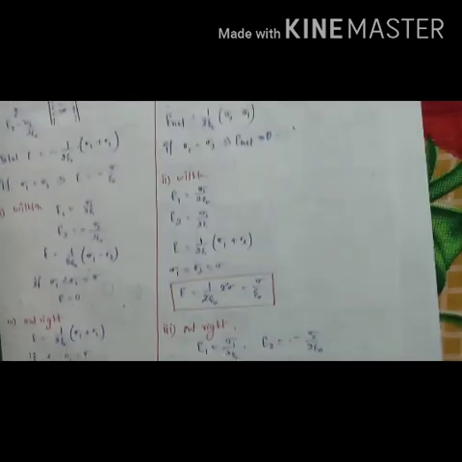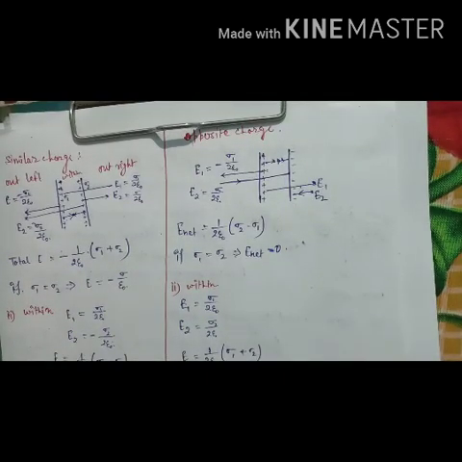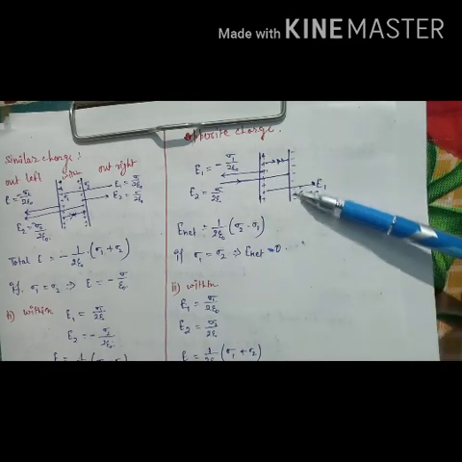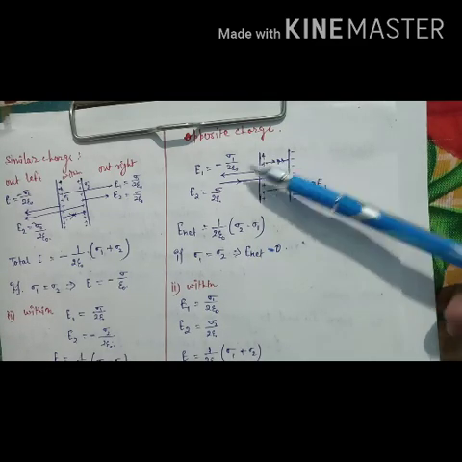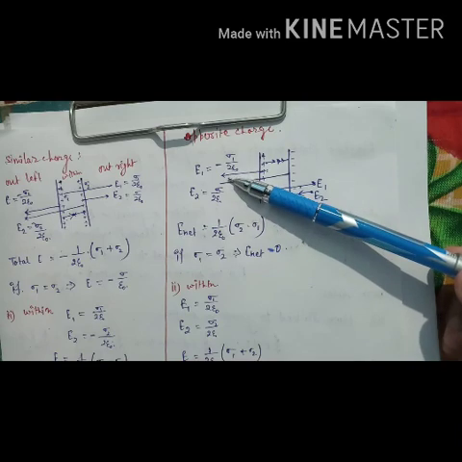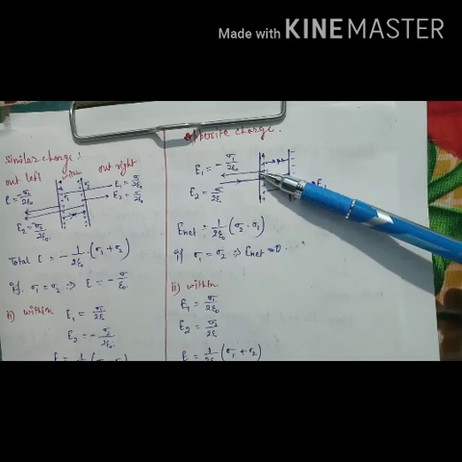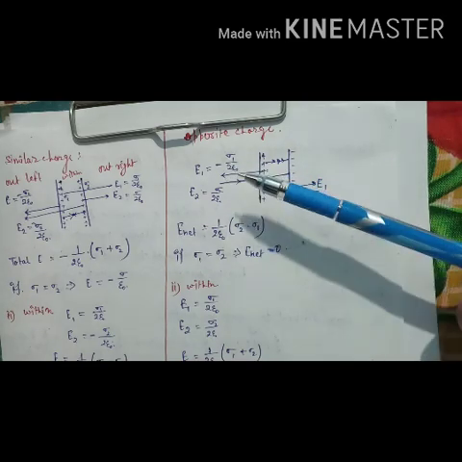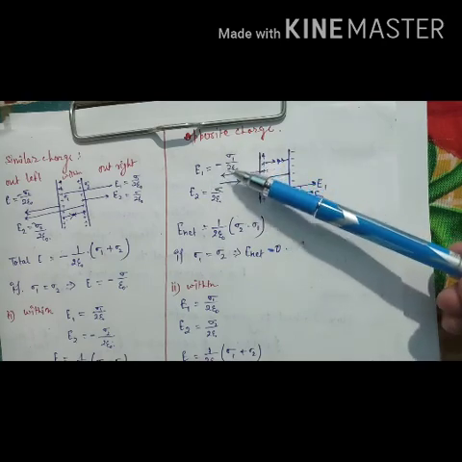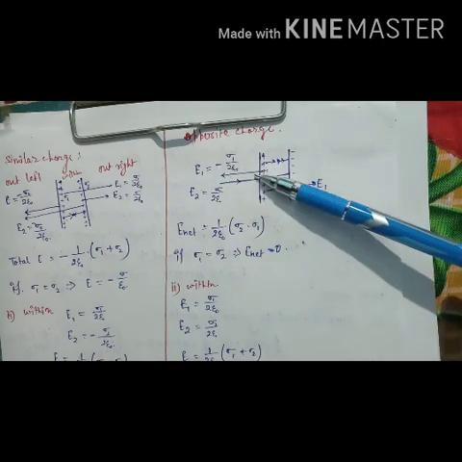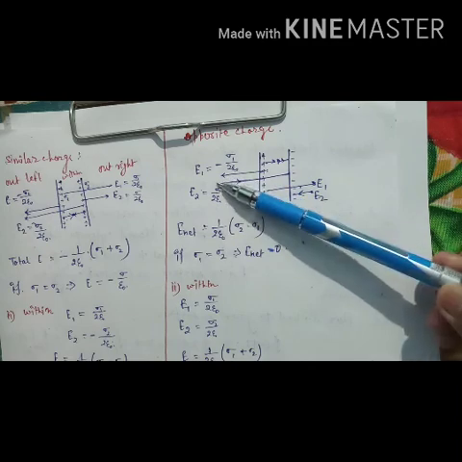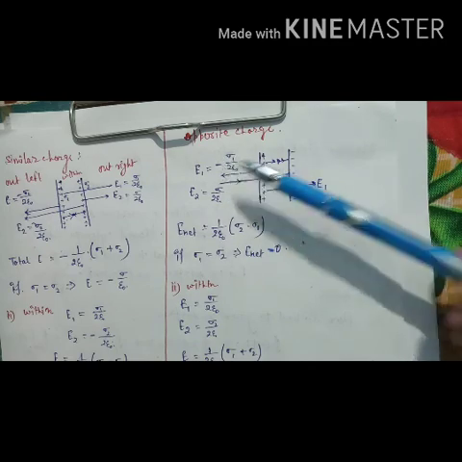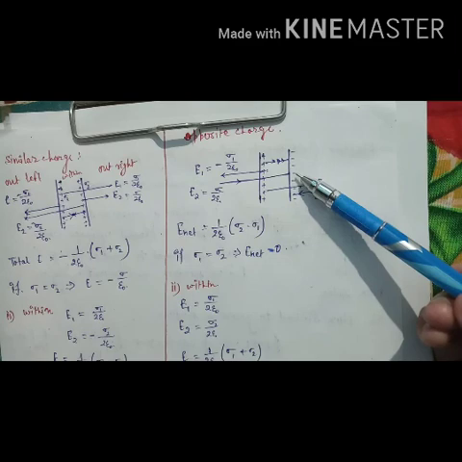But if we have opposite charges, then one sheet is positive and another is negative. So we find out electric field at outleft at this point due to this sheet and due to this sheet. So we take E1 is equal to minus sigma 1 upon 2 epsilon naught, because this is in this direction and the number line on the left side is negative, and here is negative charge.